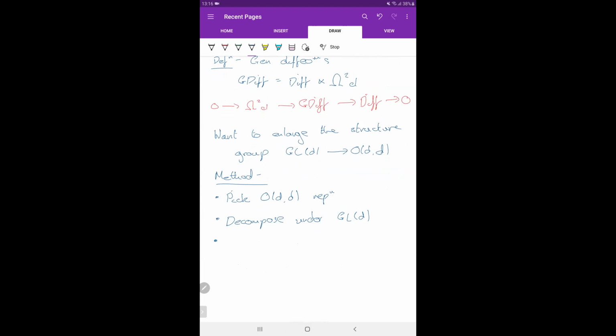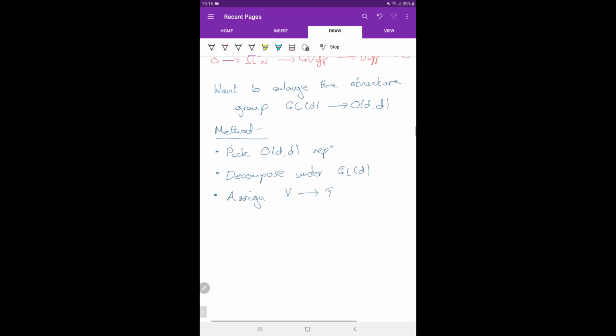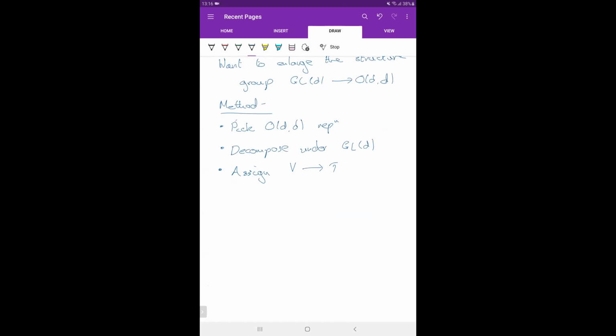And this will decompose your representation in terms of fundamental and the dual of the fundamental of GL(D). And then you just assign the fundamental representation to the tangent bundle. And you build up your bundles in this way. So let's do some examples.